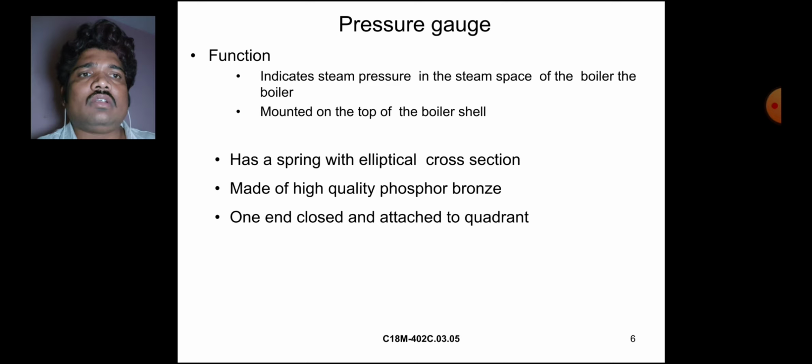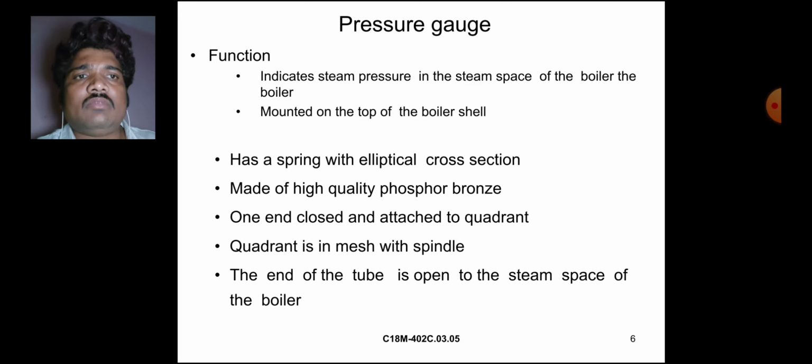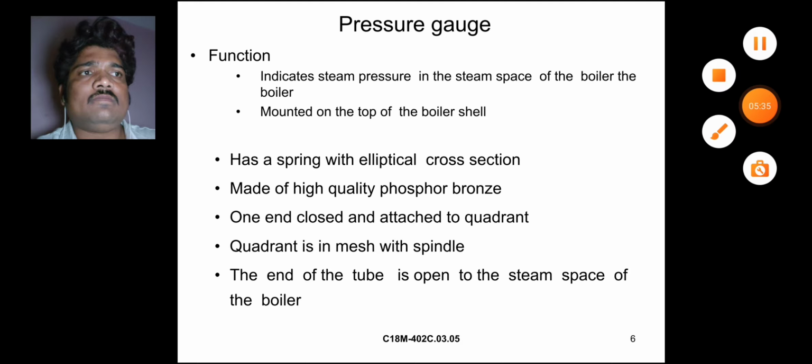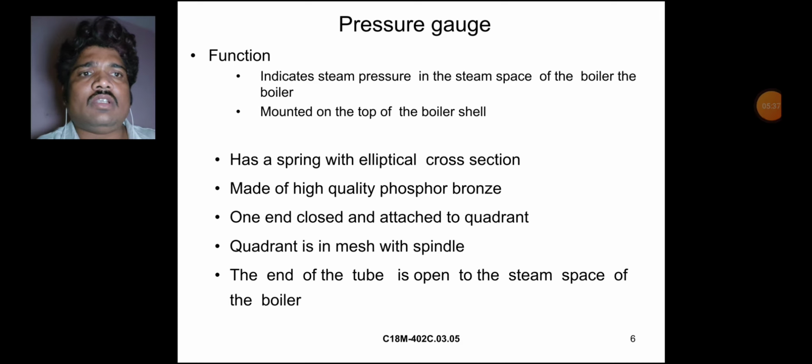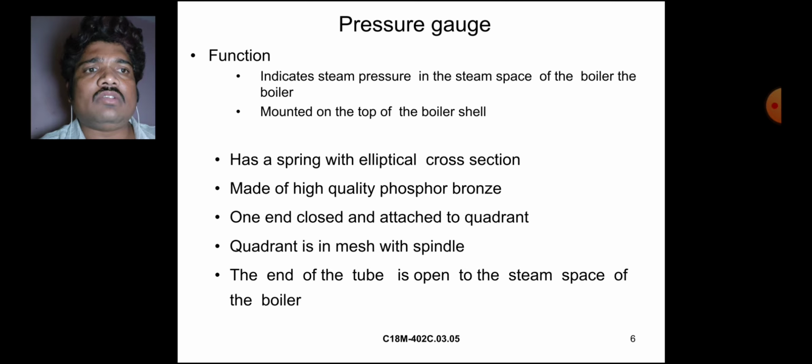The quadrant is in mesh with the spindle. The other end of the tube is open to the steam space of the boiler.